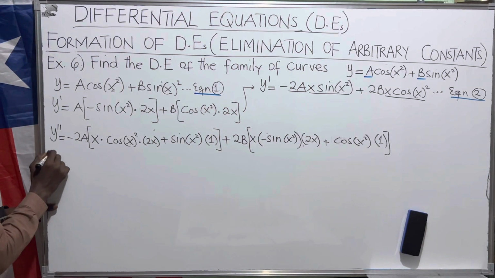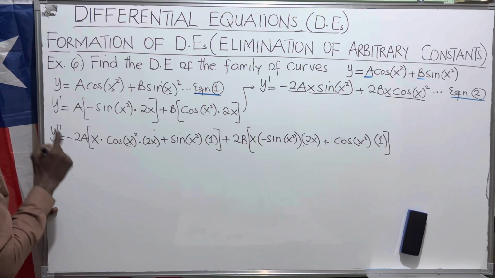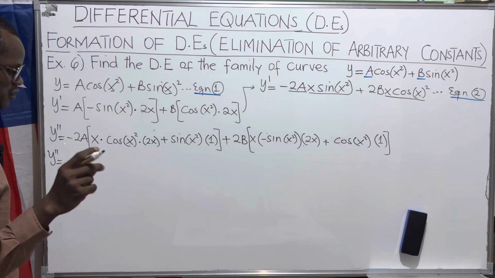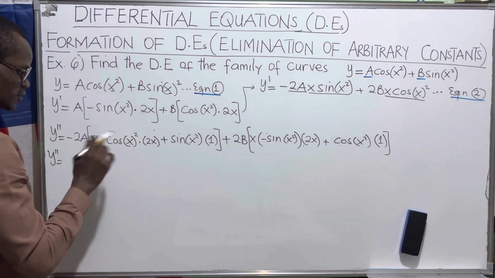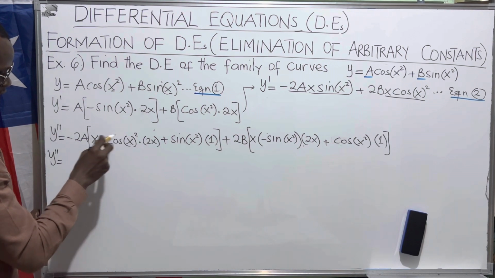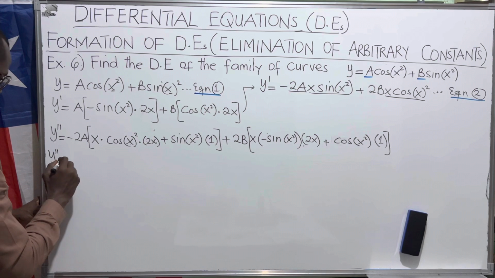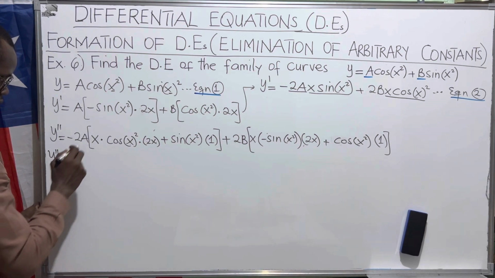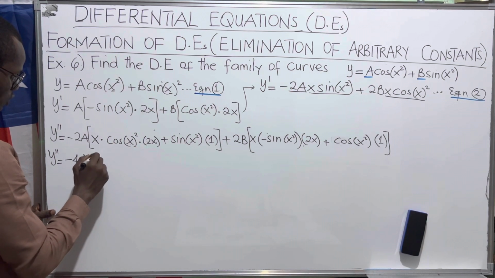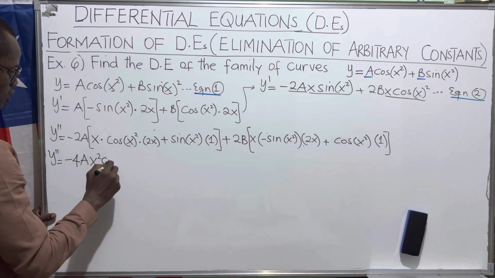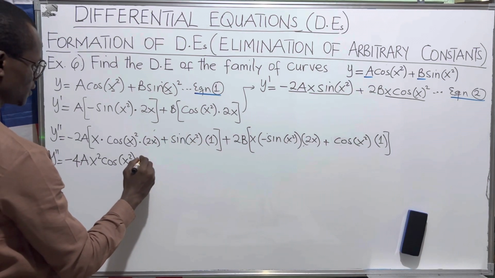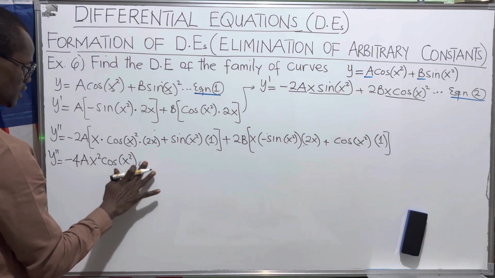So y double prime equals, and let's be very careful not to miss some of the signs or some of the constant terms. We have 2a times x times 2x. 2 times 2 is 4a, x times x is x squared, then cos of x squared. Moving to the second, it's not plus again, it's minus because of this minus.